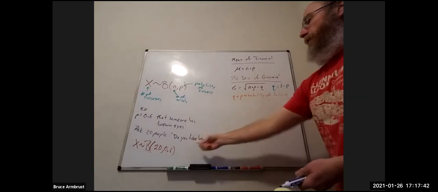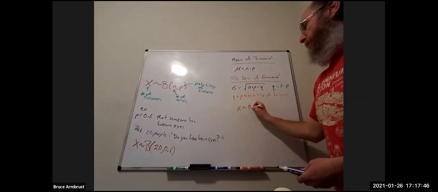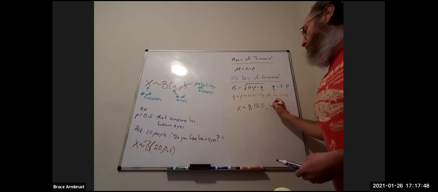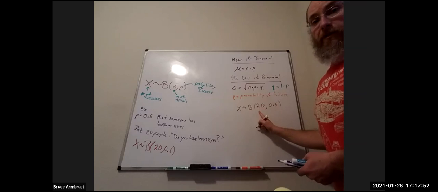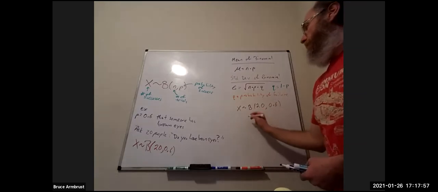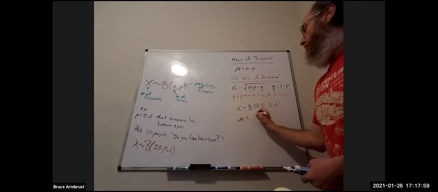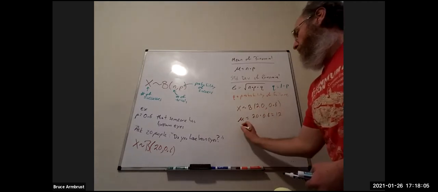Okay, so let's look at this binomial and let's actually write down what all these different things are then. So if we're looking at a binomial distribution where we're asking 20 people and the probability of success is 0.6, the mean then is going to be 20 times 0.6 or 12.